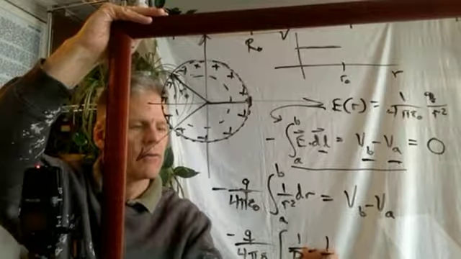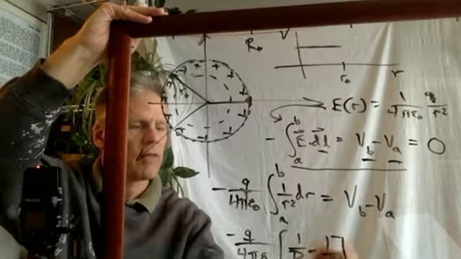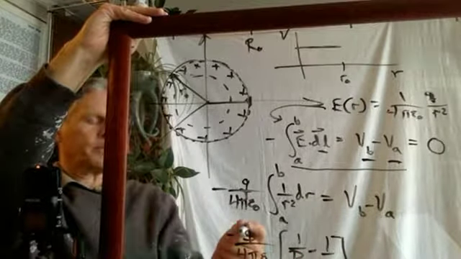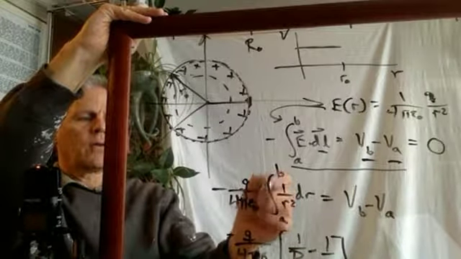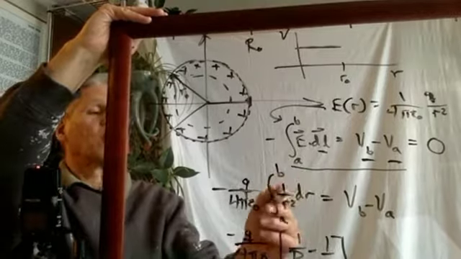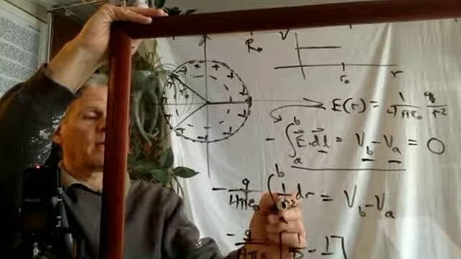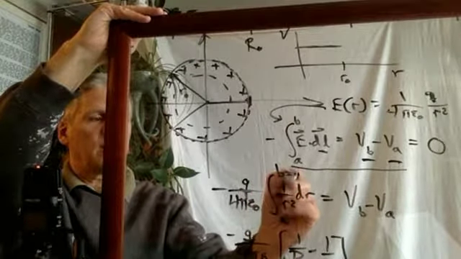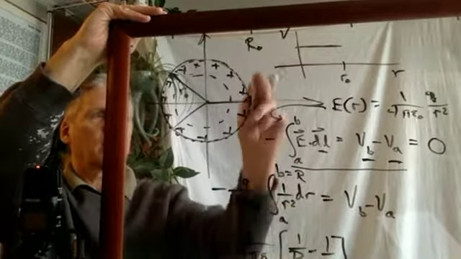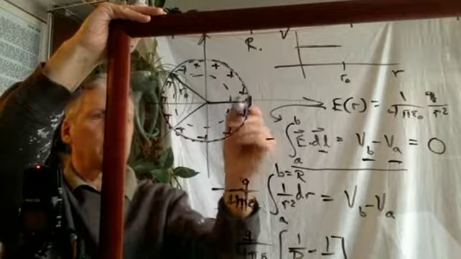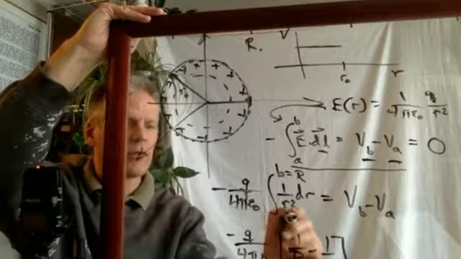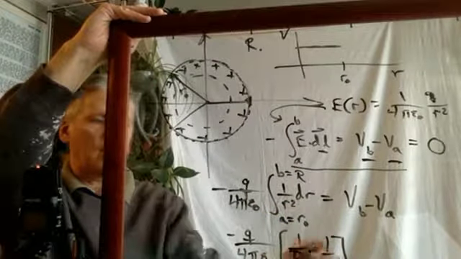I'll go ahead and change these limits. The point is that B is equal to r. That's just a point. And the other one is A equal to R0. So I just did that already in this interval.